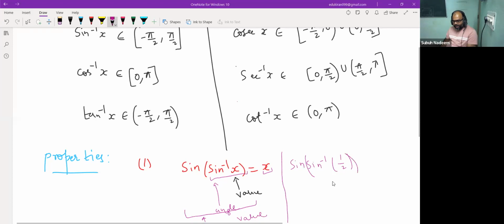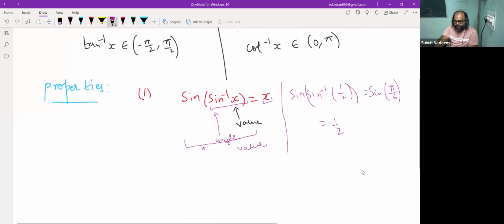You will say that sine inverse 1 by 2 is pi by 6, that is actually 30 degree. And then sine pi by 6 is 1 by 2. So eventually you are getting 1 by 2, but you are doing it by process. Instead, you can directly apply this property, and say that sine of sine inverse of half is half.